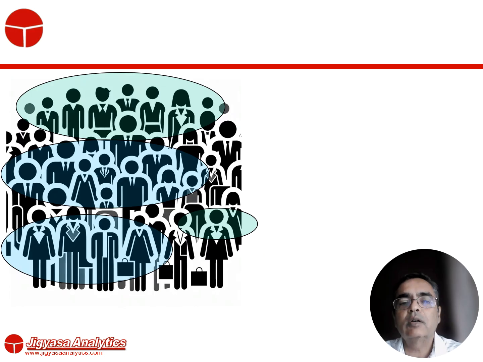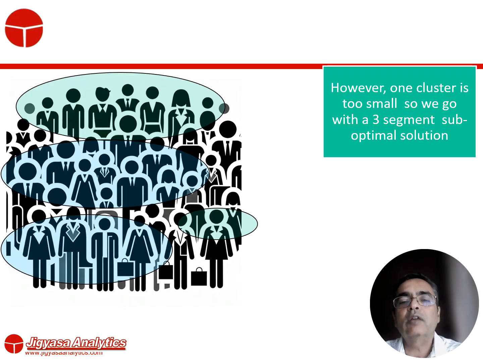But as you notice, one of the segments is very small. And so in the current situation, what is often done is we work with a three segment solution, and one of the smaller segments is combined with one of the larger segments.